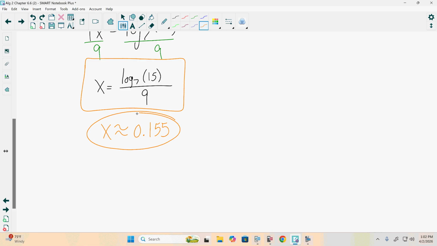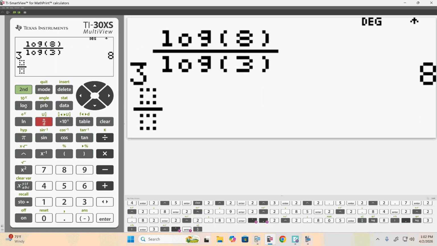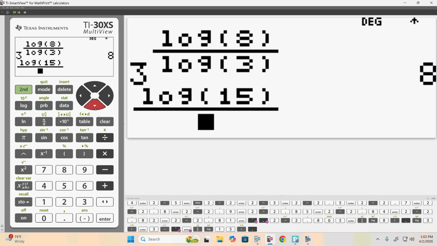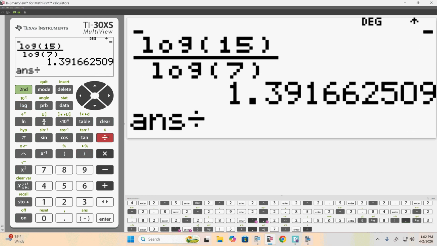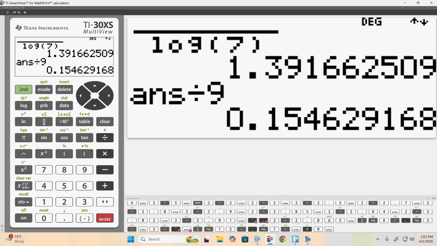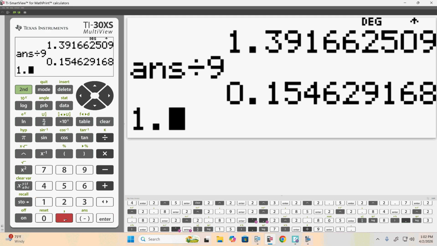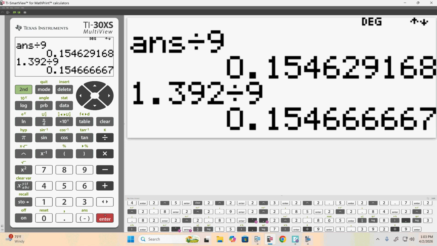We could still do the change of base and have log of 15 over log of 7, and take that divided by 9, and we get the exact same thing. I would not do a decimal approximation of it, because I wouldn't want to take 1.392 and divide it by 9.